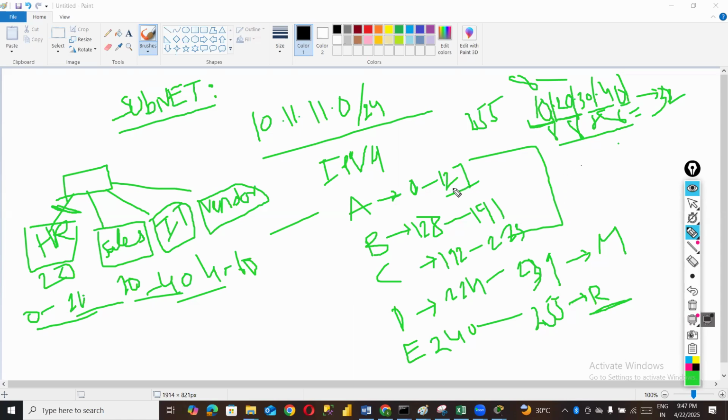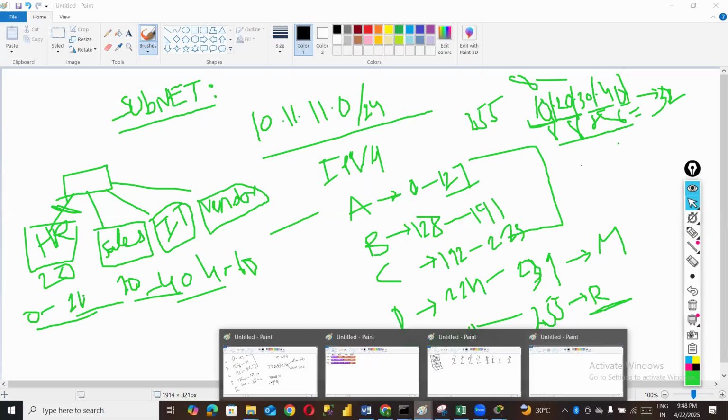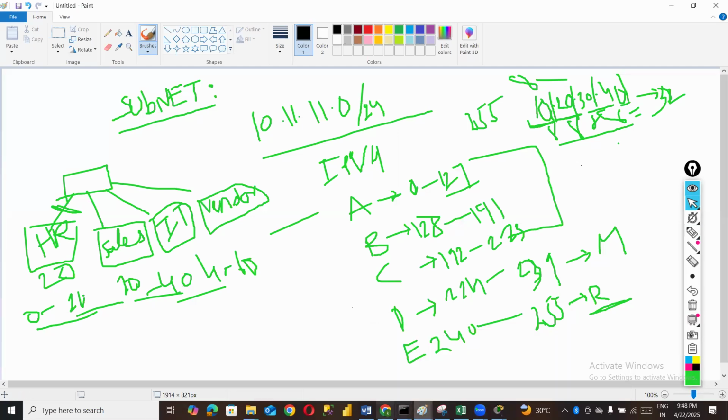So for example, class A, like we said, the range is 0 to 127. I'll show you an example, I have one snapshot here.